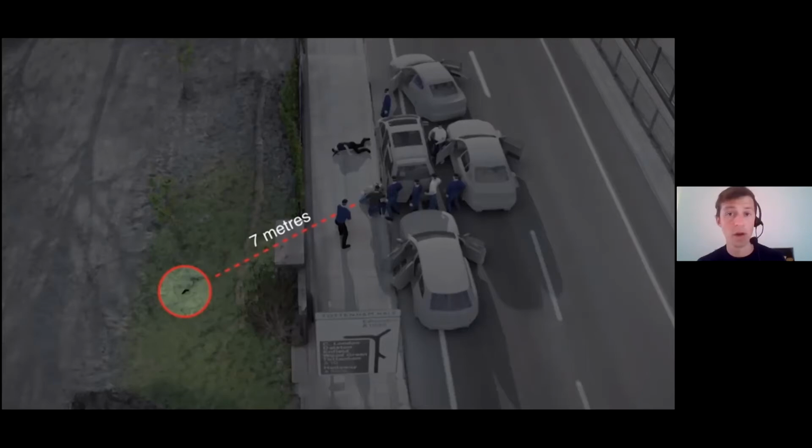Which has been at the heart of a really fundamental case in London's recent history, which is to say, could the officer have missed the gun? Could he have missed the gun being thrown? Now, again, all of this information was either already in the world in the form of public documents, or it was already in the world in the form of essentially high school physics. Right?